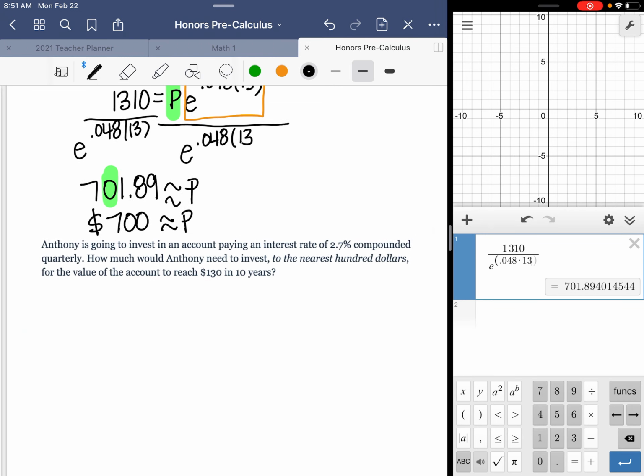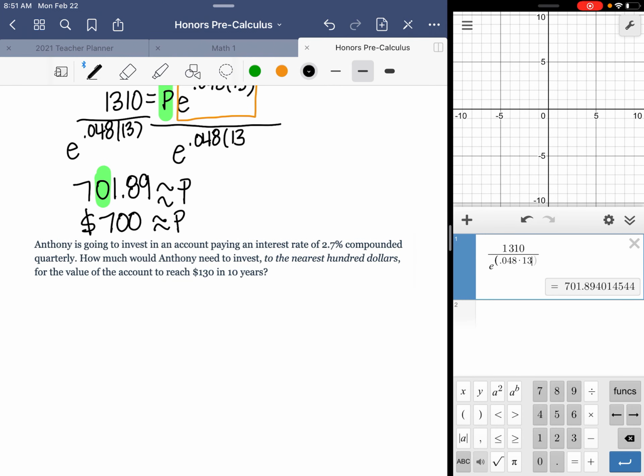All right, so a very similar example, except we're going to be using another formula for this one. It says Anthony is going to invest. If we're investing, that means we're going to grow. And we're going to be compounding quarterly. So remember, our compound formula is A of t equals p sub 0 times 1 plus r over n, raised to nt.